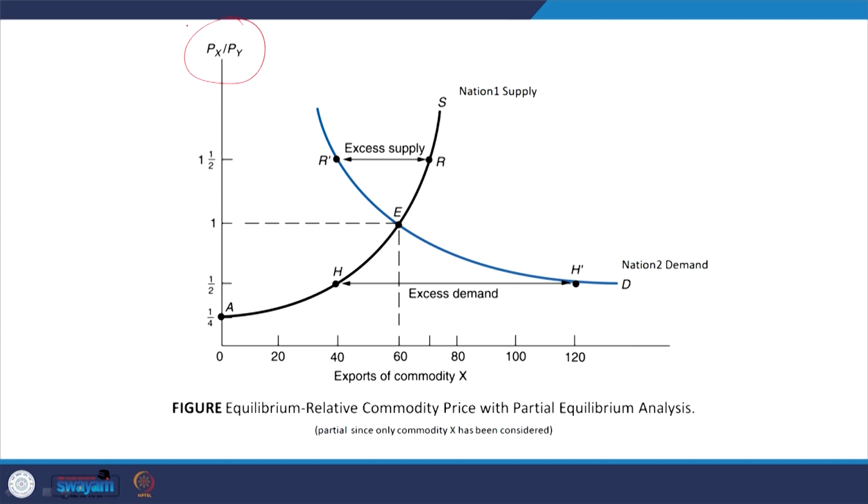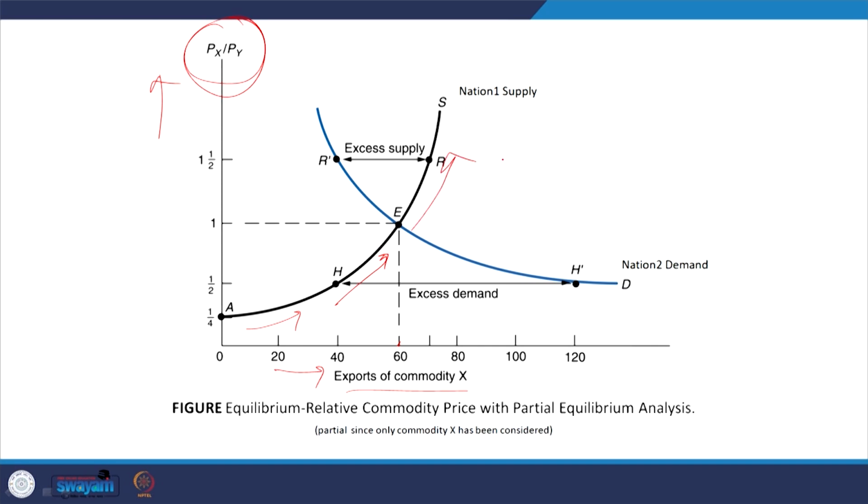This is the relative price of X to the relative price of Y. Now, this is the export of commodity X of nation 1 and nation 2. As we have already said, if nation 1's relative price of X increases up to a certain point, nation 1 is going to export more. So, nation 1, we have already assumed, is a net exporter, and they supply their endowments, supporting higher production of X. The higher the relative price of X, the higher the supply.